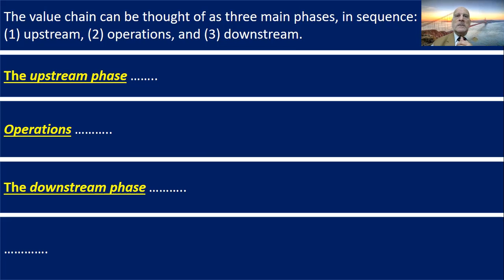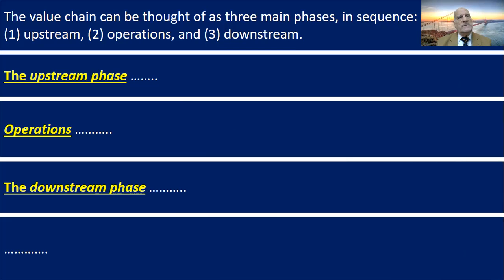As for the second phase, which is operations, operations refers to the manufacturing operations or, for a retailer or service firm, the operations involved in providing the product or service.